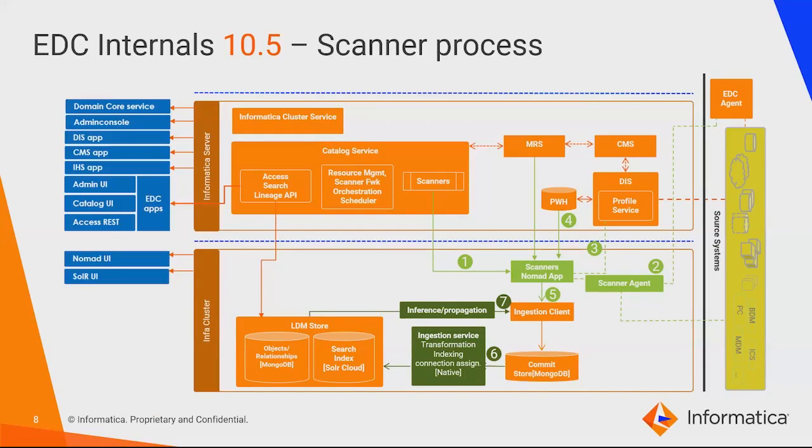When Similarity Discovery Scanner is running, it reads the metadata from the catalog and will write this into the commit store to be processed by the ingestion service. But that is a quick overview of how the whole scanner framework is working now in 10.5, in the new 10.5 non-Hadoop infrastructure.